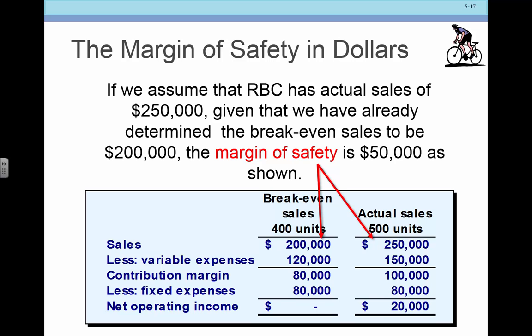Because they're actually selling 500. 400 is break even, where you just cover your fixed costs. So you need a sort of a feel, right? How much as a percentage can my sales drop? How much as a percentage is my margin of safety? In other words, how many bikes can I drop divided by what I'm actually selling right now? What's my comfort zone?